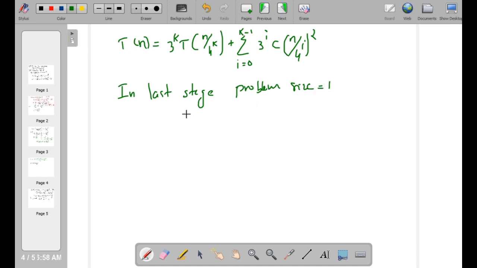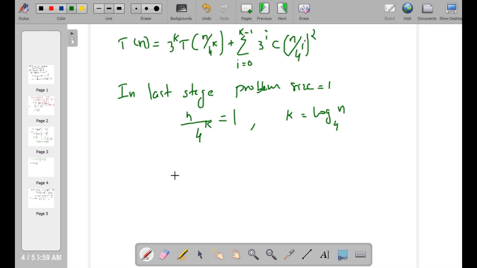That is, in the last stage, T n by 4 raised to k will be T1. Okay, that is n by 4 raised to k will become 1. That is our problem size is n by 4 raised to k. So this will become 1. That means the level number k will be log n to the base 4.